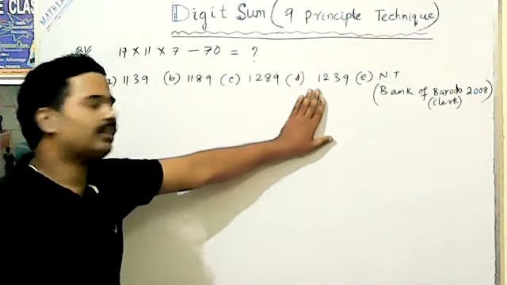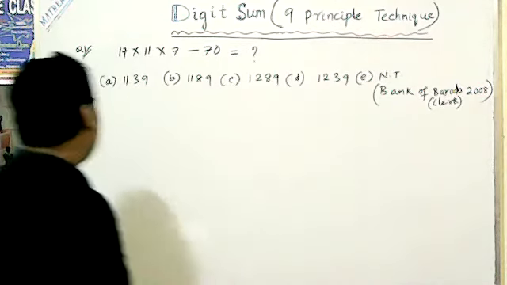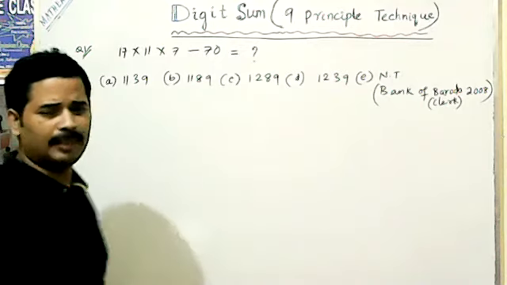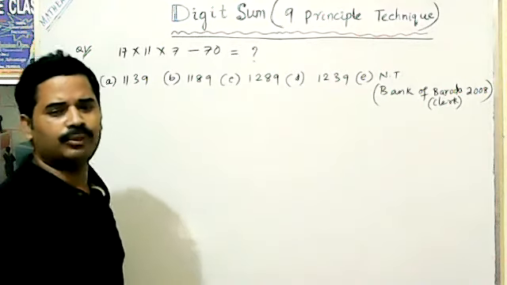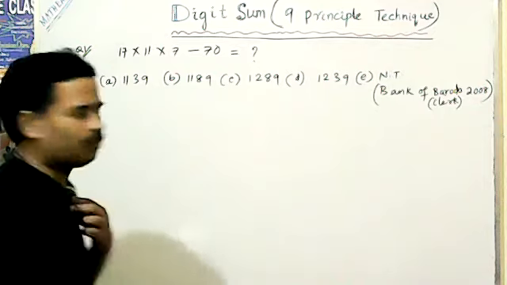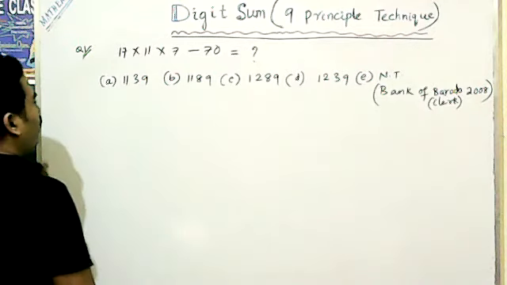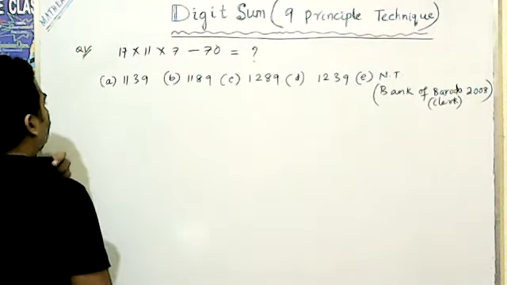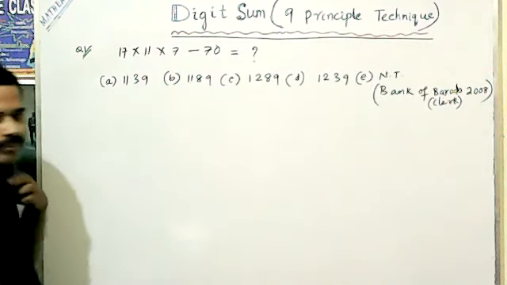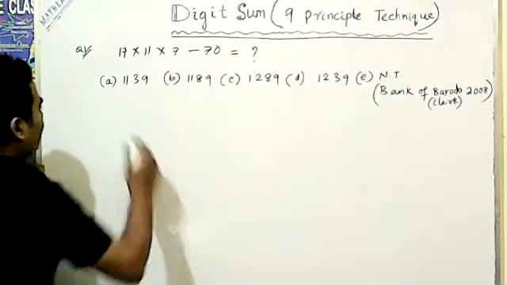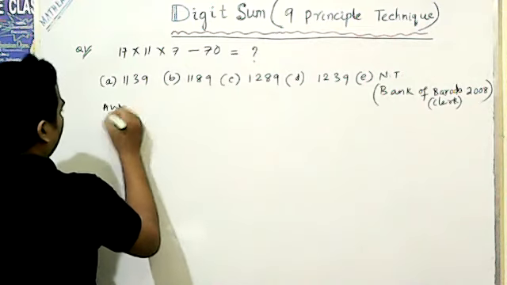How can you do this with very fast calculation? You have to use the 9 principle technique.